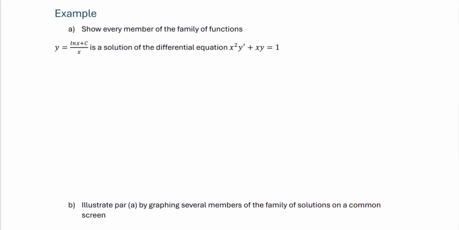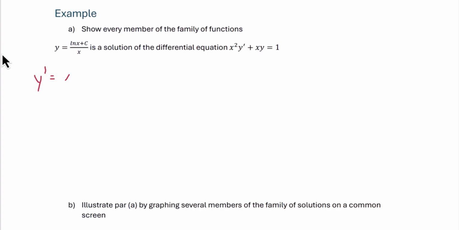In this example, we first want to show every member of the family of functions given is a solution to the given differential equation. Notice first that y prime is in the differential equation, so we'll start by finding y prime. The first derivative, we'll need to use the quotient rule.